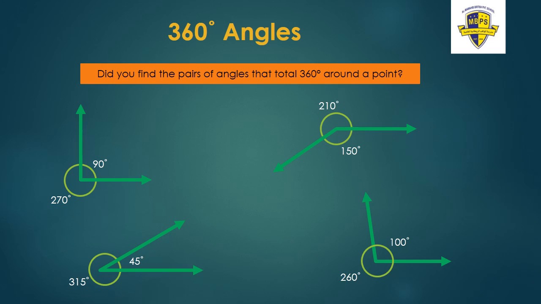If you add 90 plus 270 it gives you 360, and this is a full angle, or we say this is angle at a point. 210 and 150, add them, this gives you 360. 100 and 260 equal 360, and this is a full turn also.